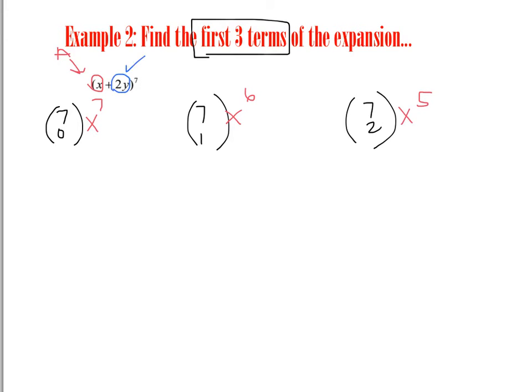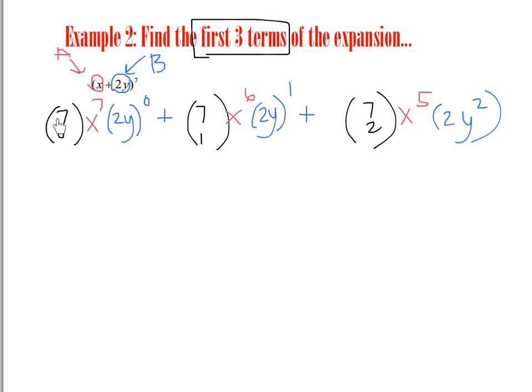Our b in this case is 2y, so I'm going to go 2y to the 0, and then 2y to the 1st, and then 2y squared. So remembering, once I figure out 7 choose 0, 7 choose 1, 7 choose 2, I'm going to have to multiply that by the other coefficients here. And by the way, this squared, my fault, needs to be outside the parentheses.